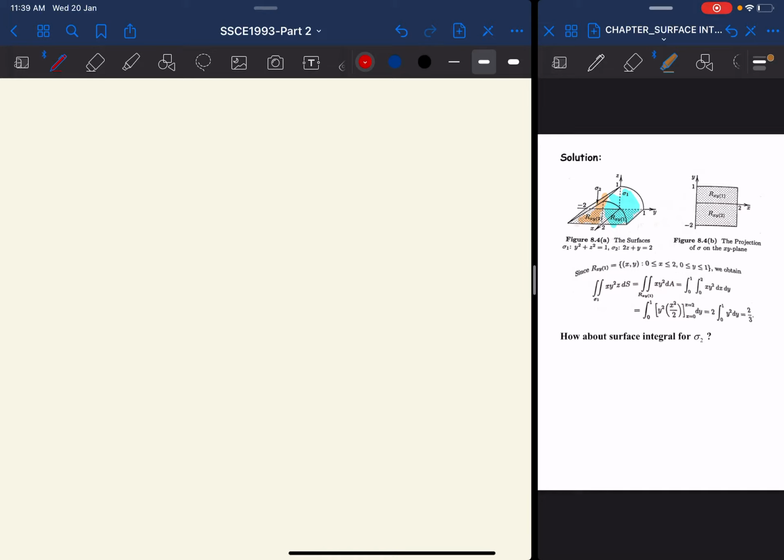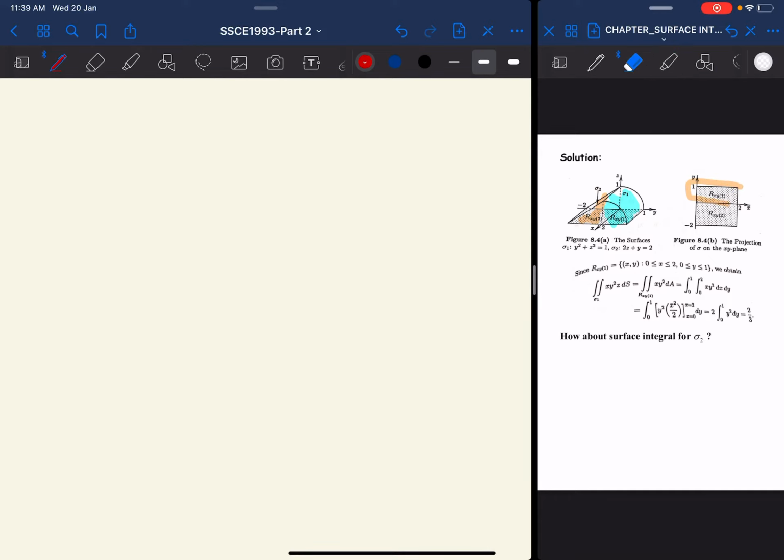So let's talk about the first surface. It only involves the first octant, so we have the blue color here.